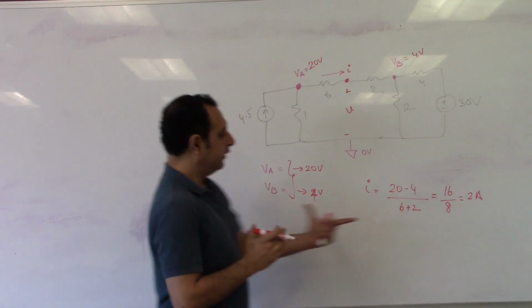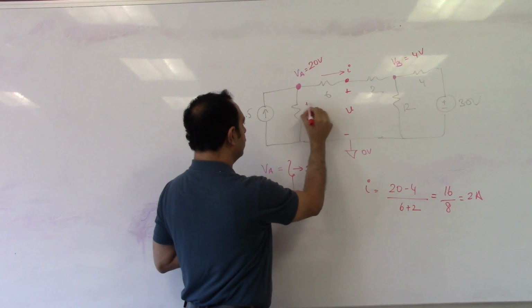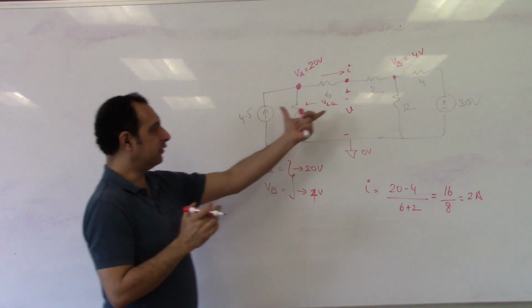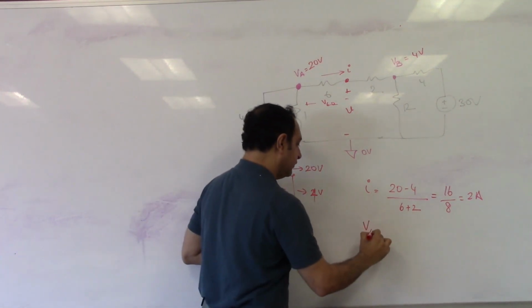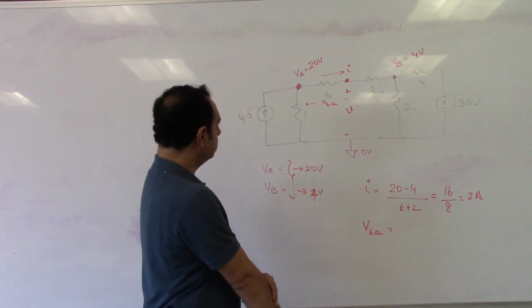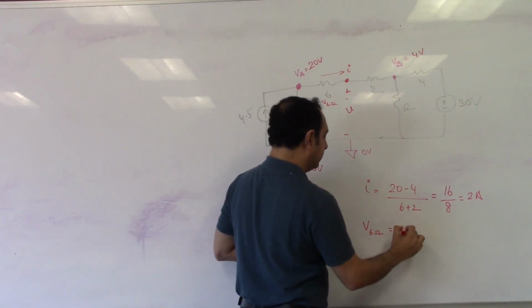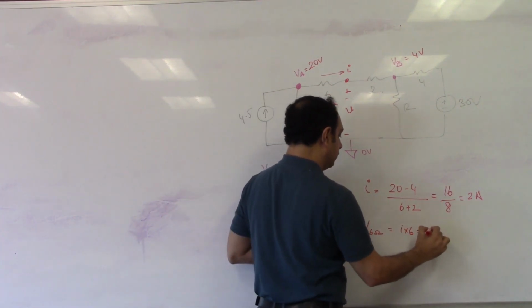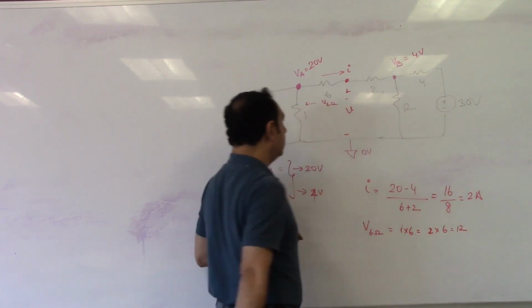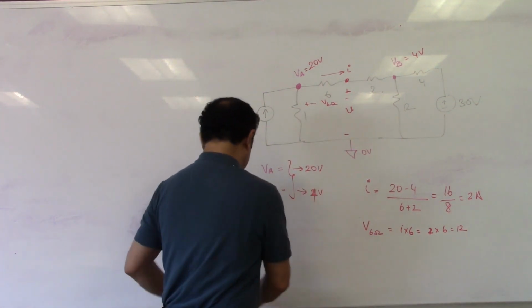So if this is 2 amps, the voltage across the 6 ohm resistor, V6 ohms, will be equal to I times 6, which is 2 times 6 ohms, equal to 12 volts.